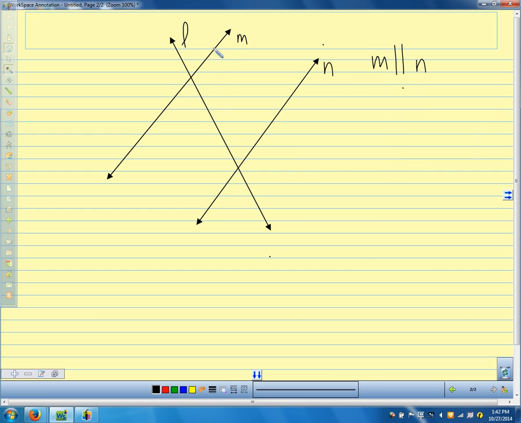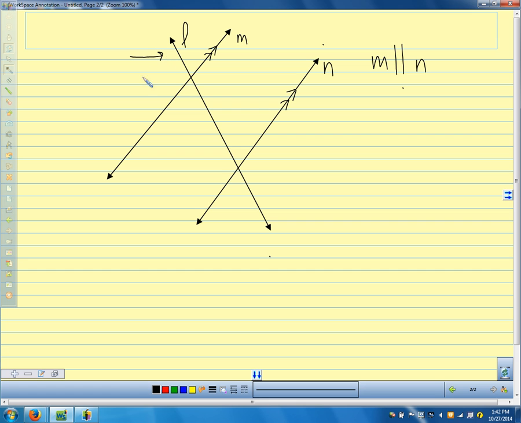And we'll talk more about this later. The little arrows on the lines show that they're parallel. And we'll talk more about that later. So lines that have the same number of arrows are parallel. So these are parallel lines.